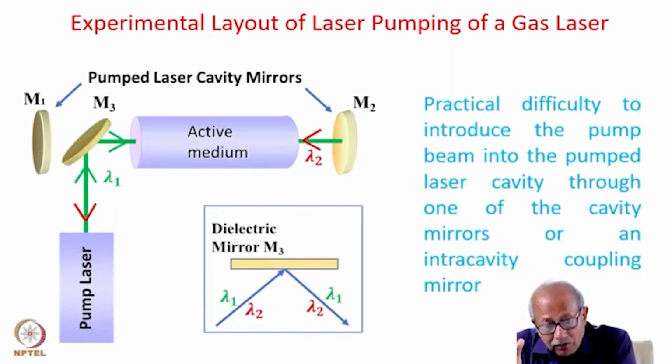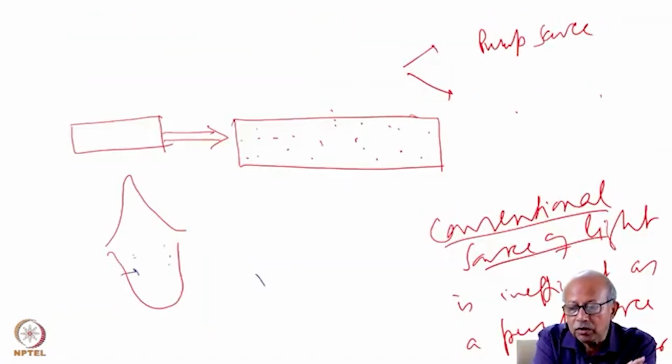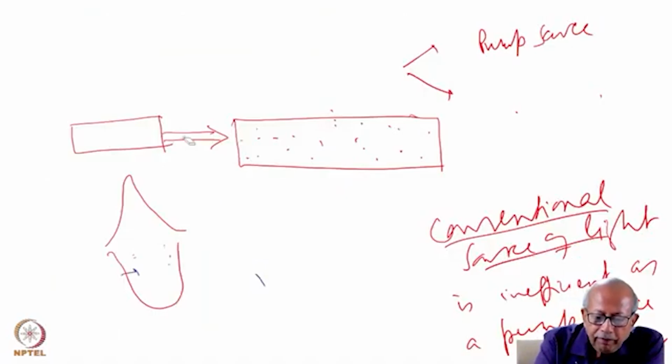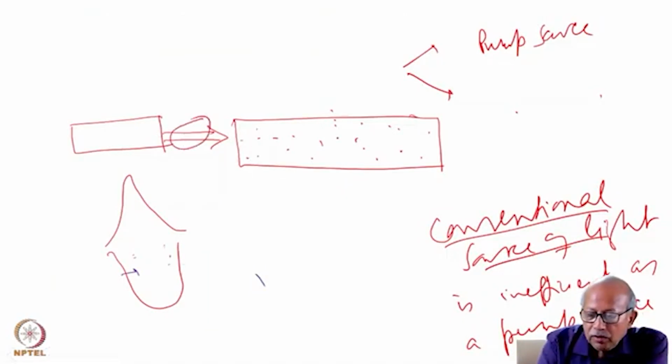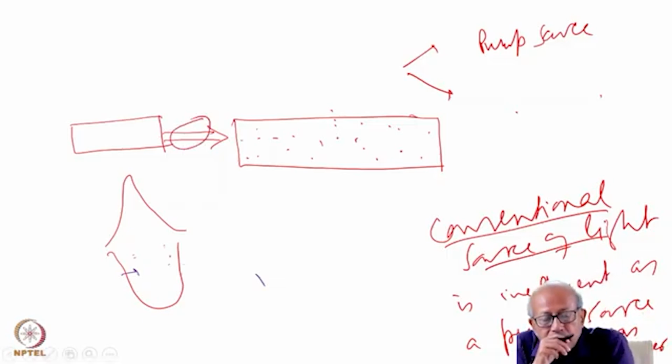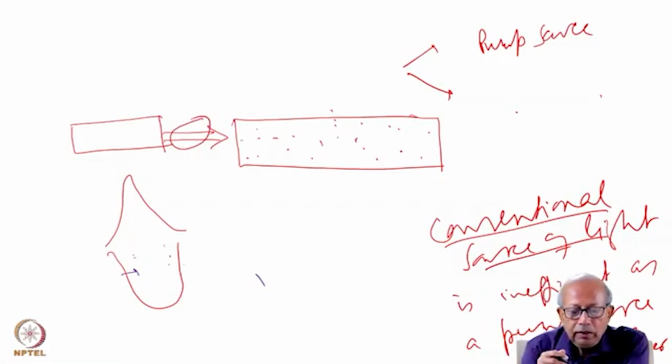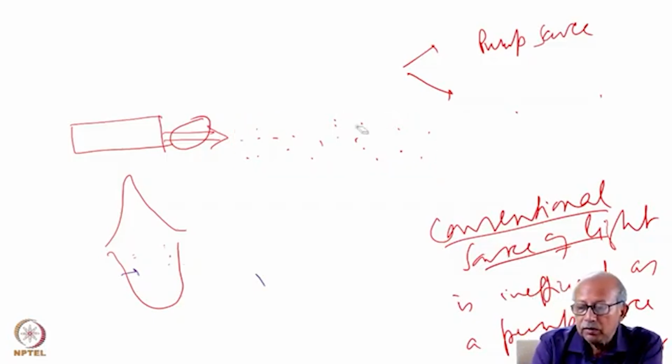What are the challenges and how can these challenges be eliminated? The first and foremost is how to couple this beam of light into the laser medium. There are serious issues. Let us discuss.